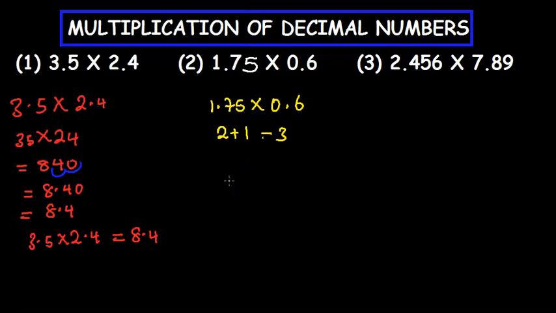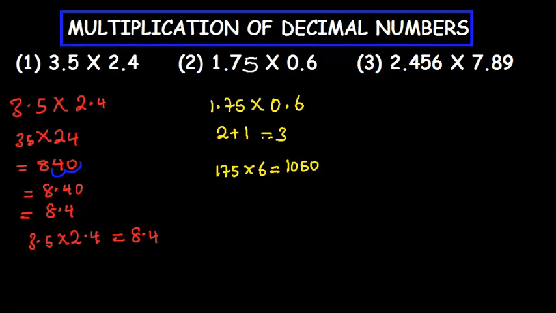The first thing we need to do is to treat the numbers as if they are whole numbers. 0.6 is simply going to be 6. 1.75 is going to be 175. 175 multiplied by 6 is simply going to be 1050.